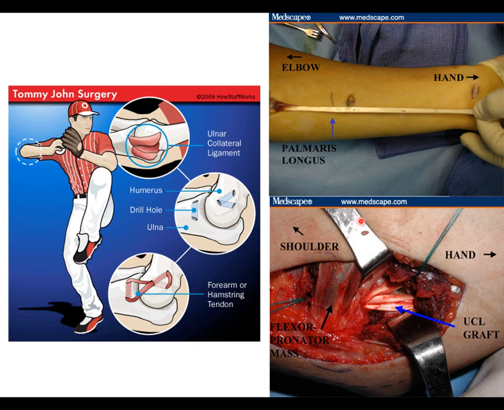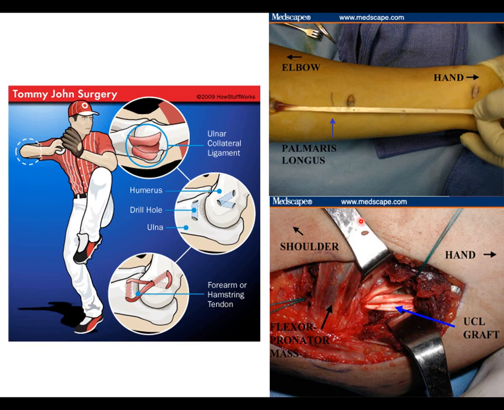But afterwards, people say that they throw a lot harder. They say they're able to throw a lot harder because their UCL is now stronger, so they can produce more force. Whether that's true or not is up for debate. There's always this topic of parents wanting their kids to undergo voluntary Tommy John surgery so that they can throw harder. People say that it's not true.